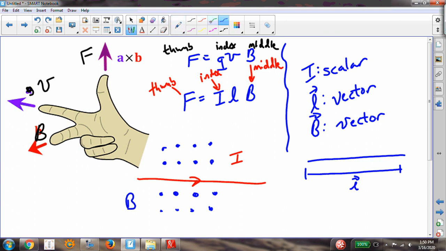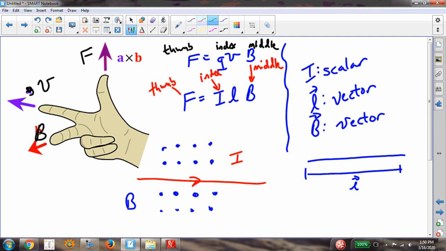And then I want to know what is the force on this. So I let my index finger go in the direction of I. I let my middle finger go in the direction of B. And then my thumb will give the direction of the force on the wire. Try that out and see what you get.